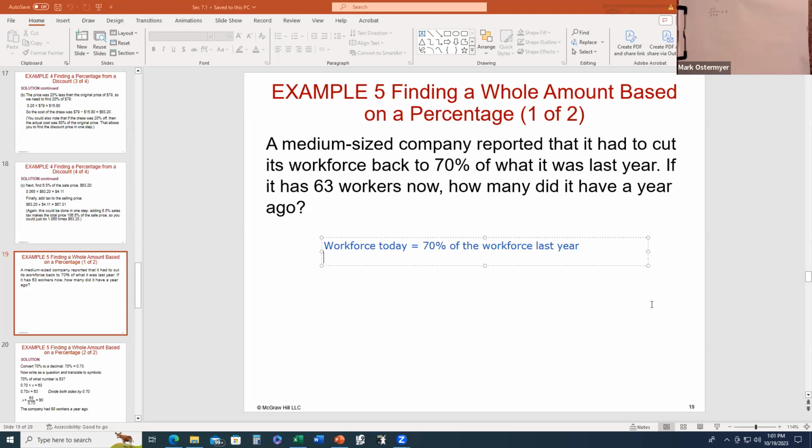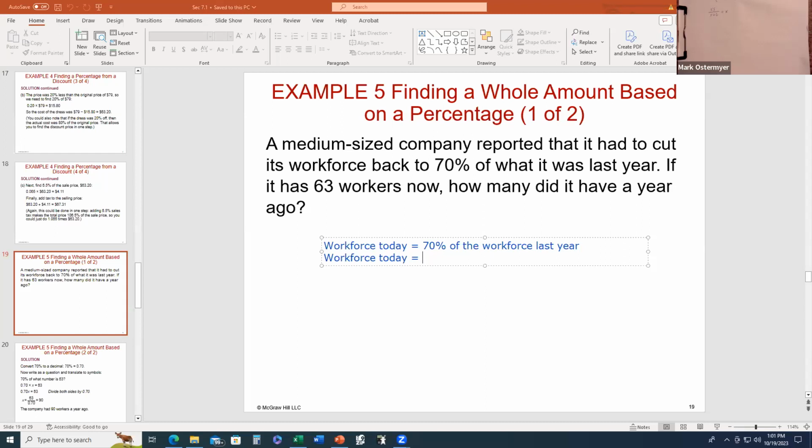So to compute the workforce today, we take 70% of the workforce last year. Now, do we know the workforce last year? No. In fact, that's what they're asking us for. What was the workforce last year?